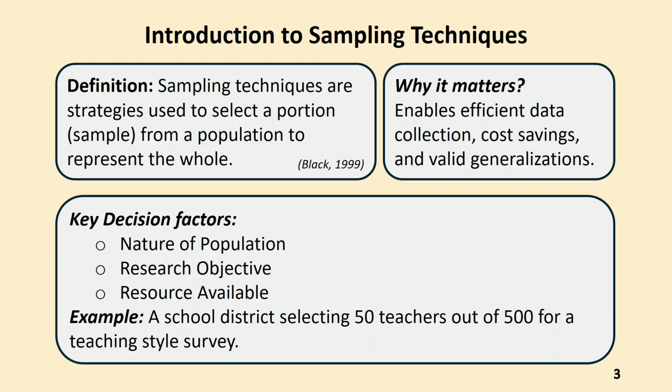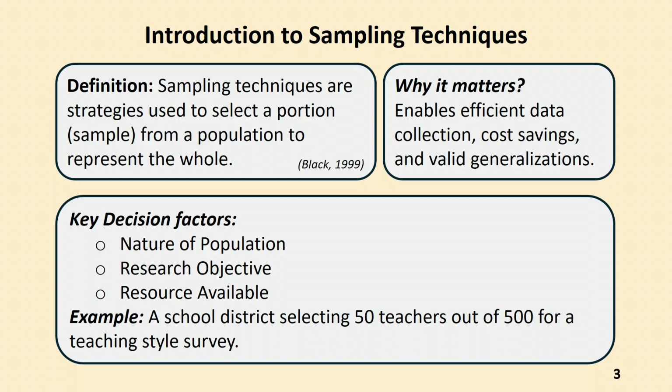These are all very closely related, tied in the same thread. If you move one, the second will ultimately move. Therefore, as a researcher, it is very important to make very judicious decisions regarding sampling technique with respect to your research objective.